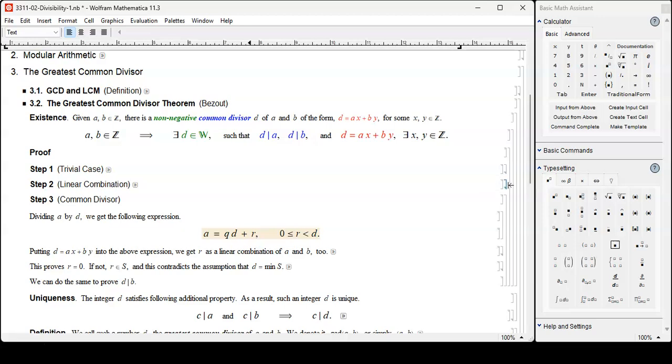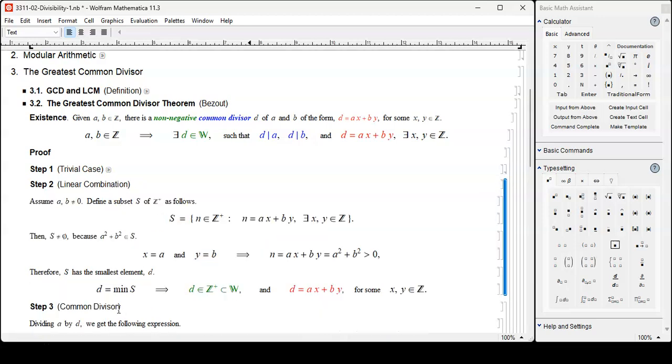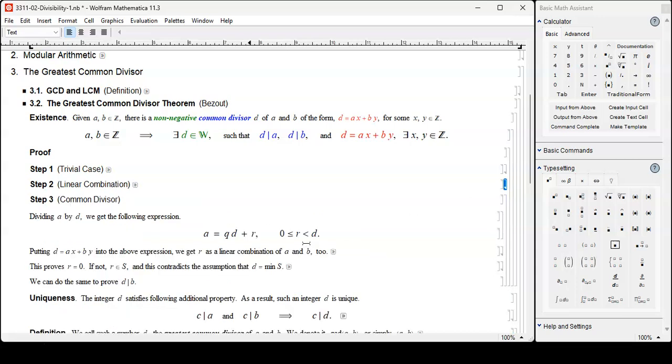We define D as the minimum of this set, the smallest element, and here in step 3, we are beginning with a non-negative number which is less than D. So maybe this will draw some kind of contradiction, less than the minimum.